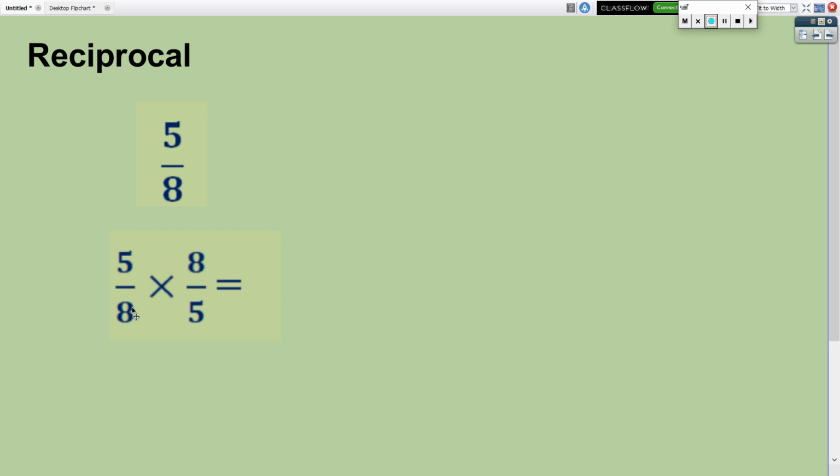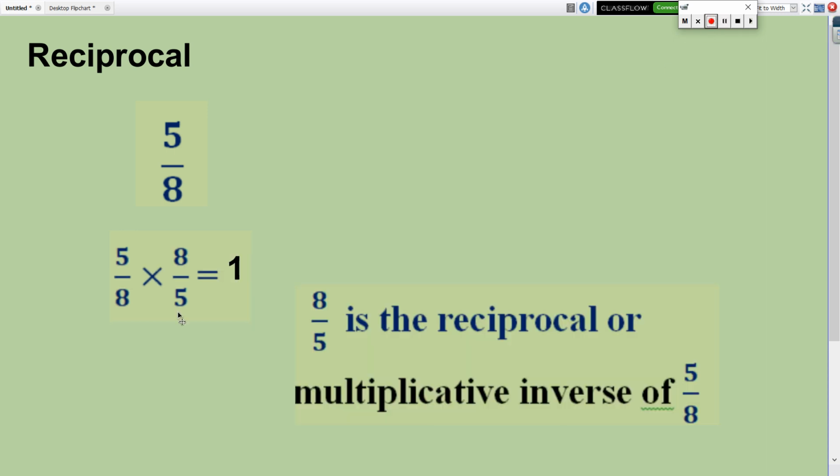Here 8 one time, 5 one time. So you will get the answer as 1. Here 8 by 5 we can call the reciprocal or multiplicative inverse of 5 by 8.